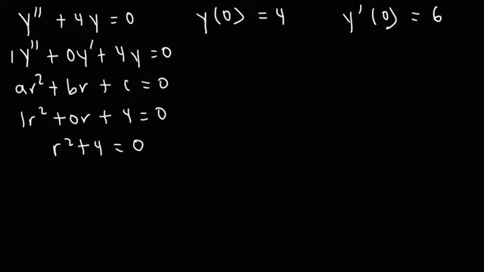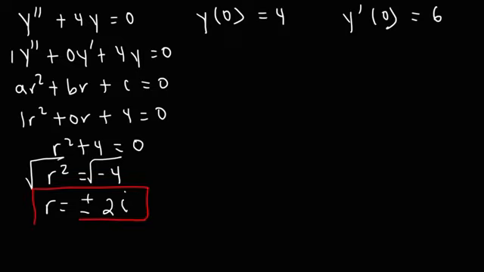Subtracting both sides by 4, that gives us r squared is equal to -4. Next, we need to take the square root of both sides. Now we know that the square root of 4 is plus or minus 2. So the square root of -4 is plus or minus 2i. So now we can write the first value of r as 0 plus 2i, and the second one is going to be 0 minus 2i.